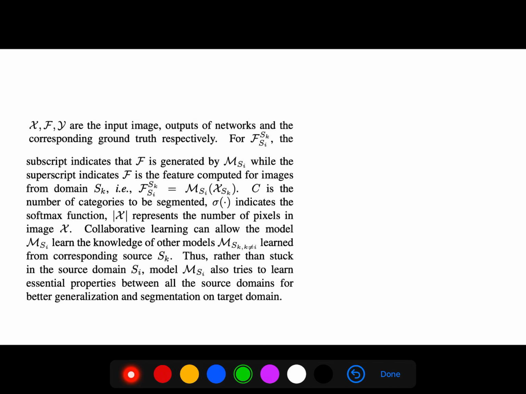Because for F sub Si, the subscript indicates that F is generated by M sub Si, while the superscript is the feature computed for images from domain S sub k, and C is the number of categories to be segmented.